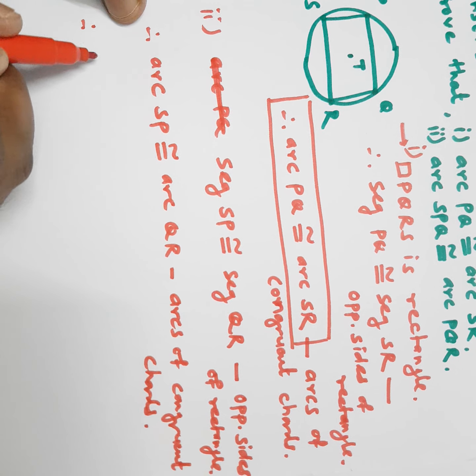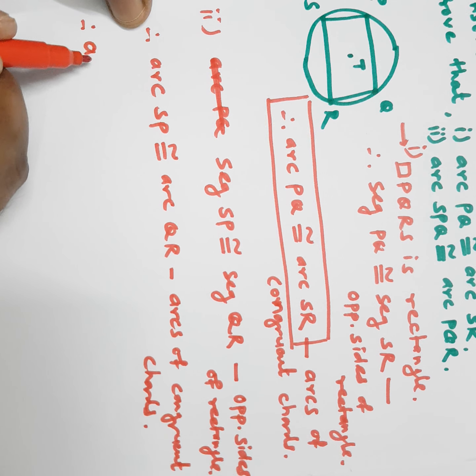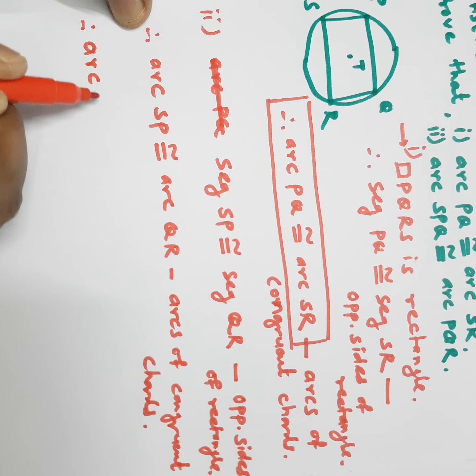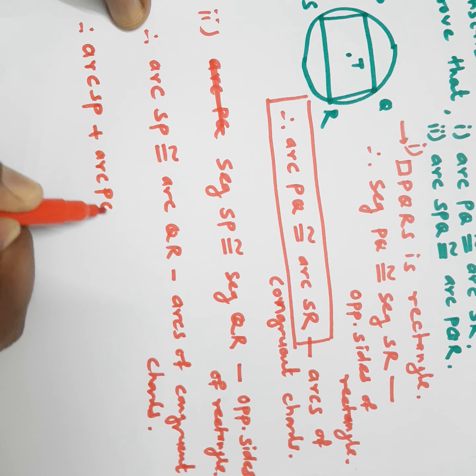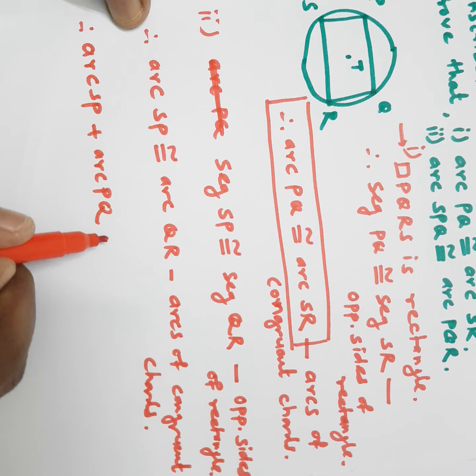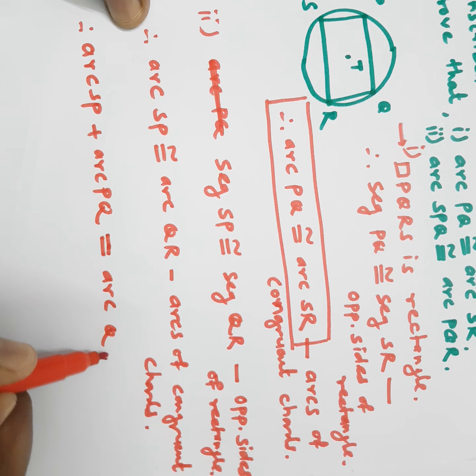Now we will add arc PQ on both sides. Therefore, arc SP plus arc PQ will be equal to arc QR plus arc PQ.